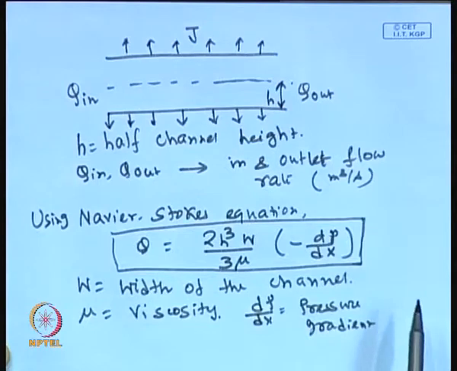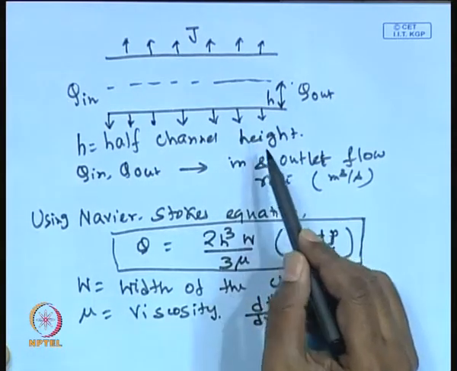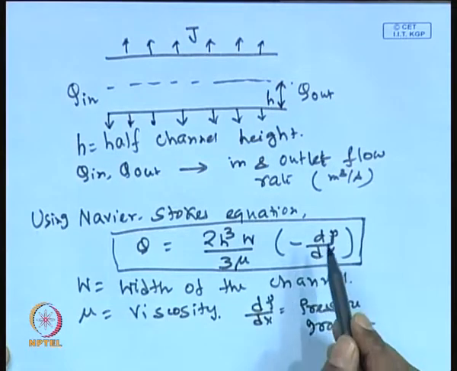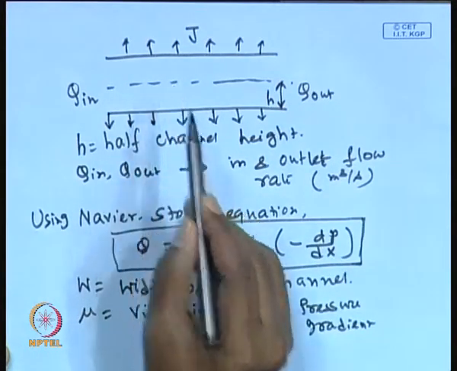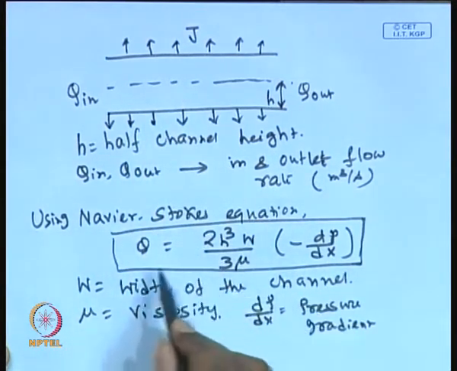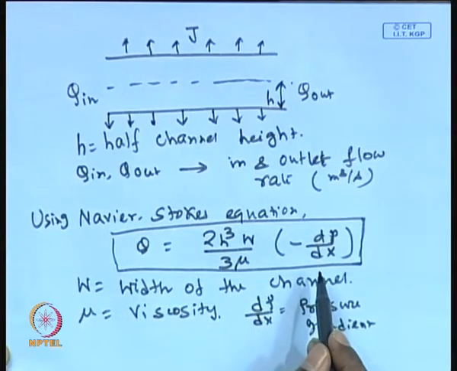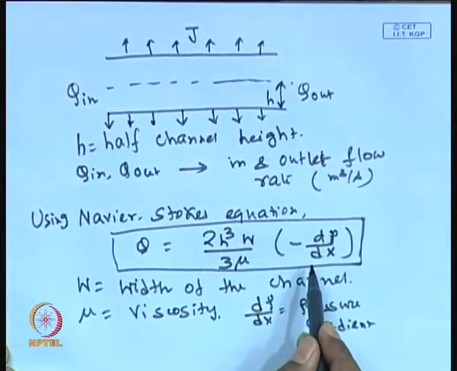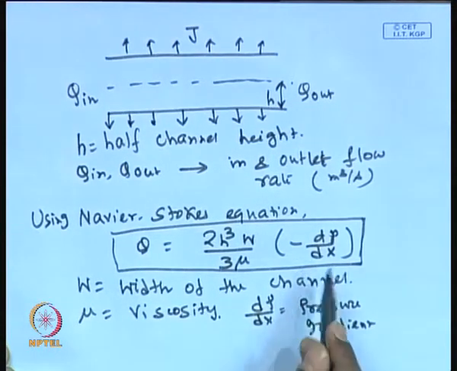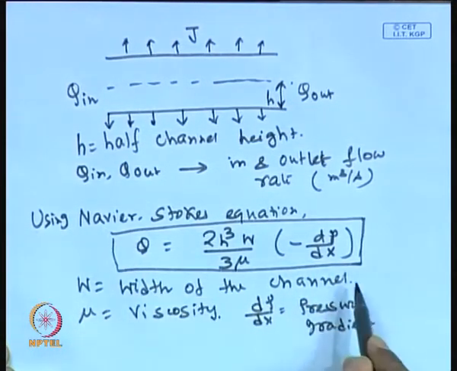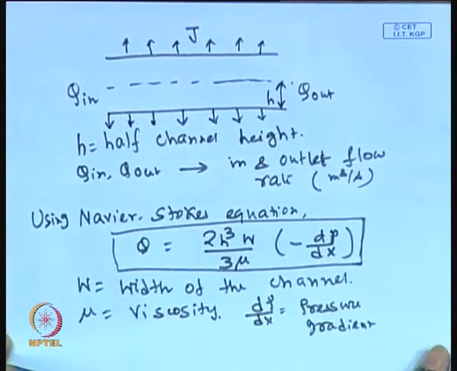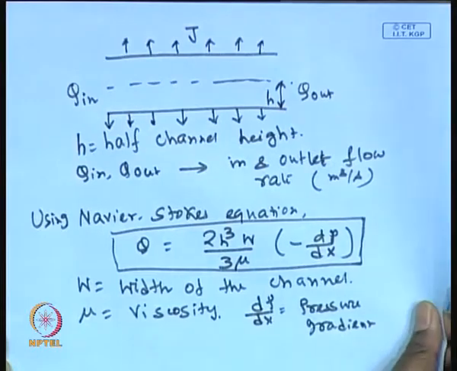But the thing is, the permeation rate is extremely small, probably 3 to 4 orders of magnitude less compared to the bulk velocity. So, we can safely use this equation for dp dx, the pressure gradient in the channel. So, this is valid for your membrane system because the permeation rate is much smaller in order of magnitude compared to the bulk velocity.